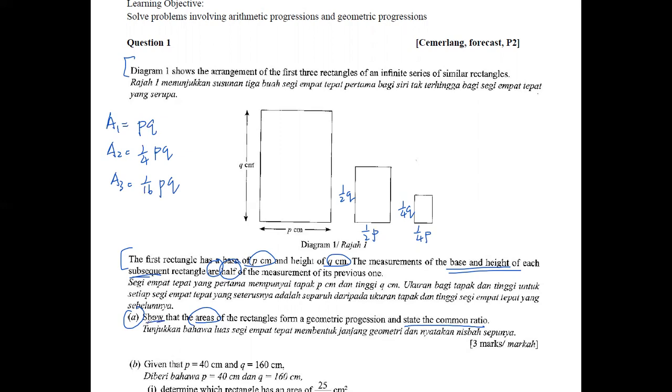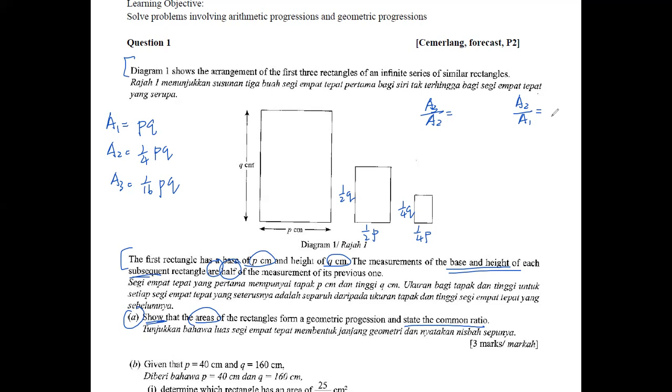In order to show, okay, show is like a proving question. In a proving question, you cannot make your own assumption in the first place. So in order to show that it is a geometric progression, we need to use A3 divided by A2, as well as A2 divided by A1, and check whether the final outcome is the same.